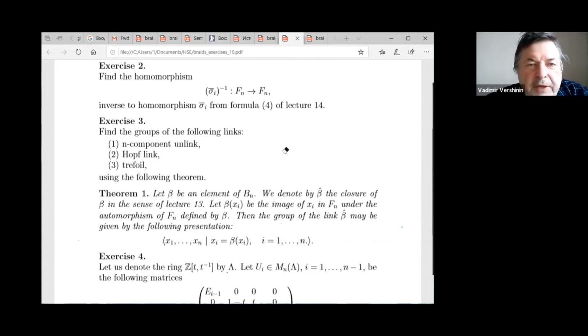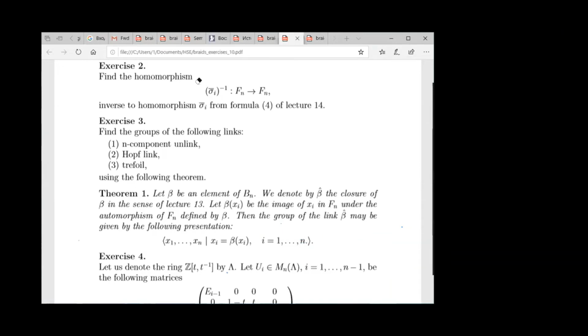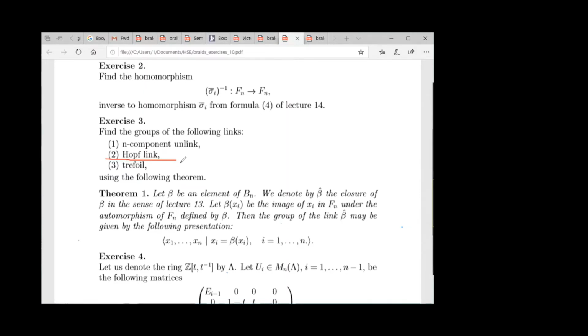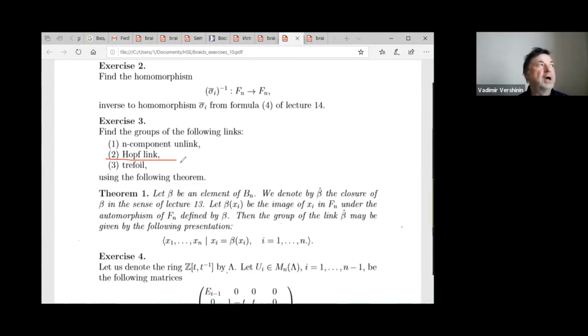Tatiana, are you with us? What braid should we take in order to consider the Hopf link, to get the group of the Hopf link? Maybe an abelian group. Right. But how can we get it?